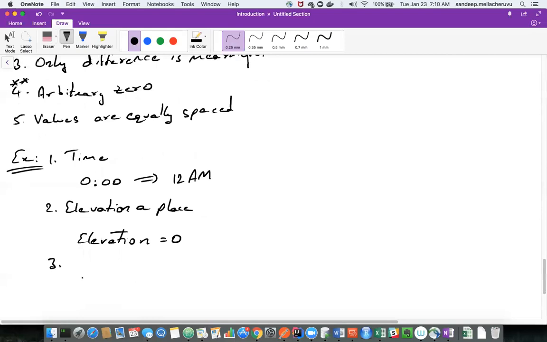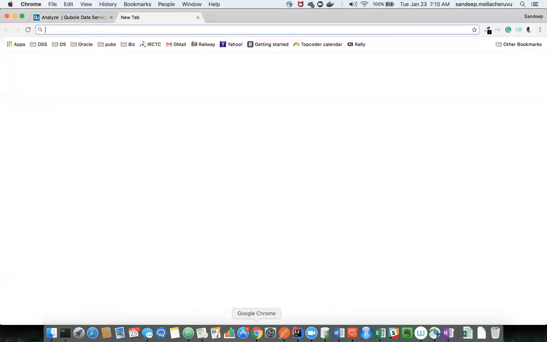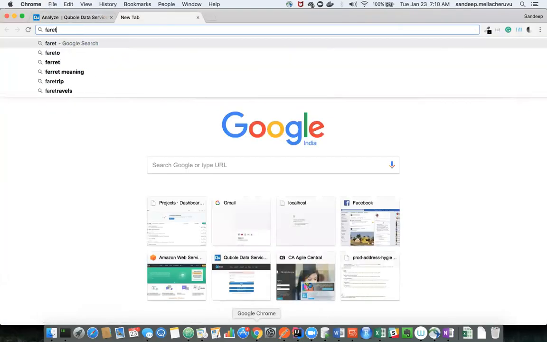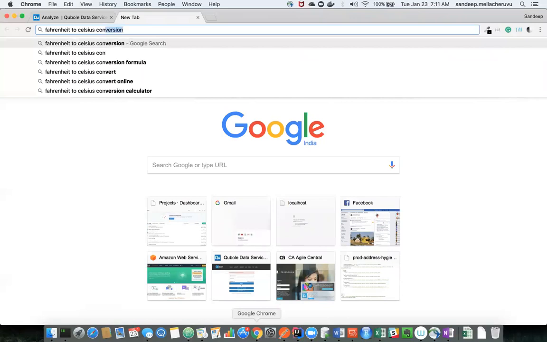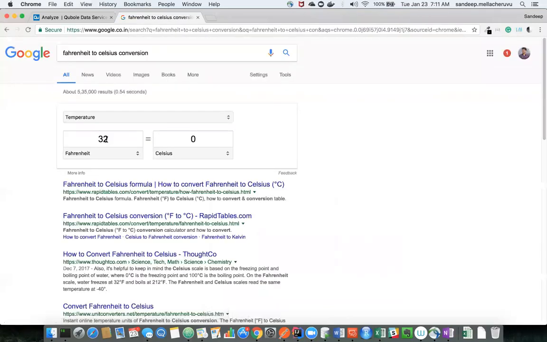Okay. And similarly, 0 degrees Fahrenheit. Again, it doesn't mean that there is no temperature at all. Actually, if you convert Fahrenheit to Celsius, let's say I ask for 0 degrees Fahrenheit. 0 degrees is nothing but minus 17 degrees in Celsius.